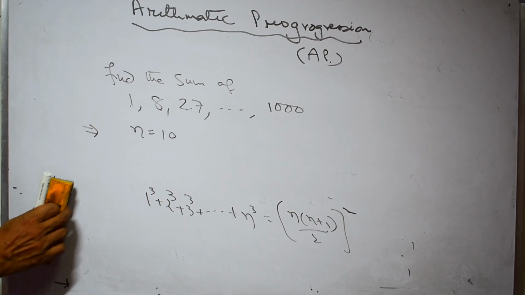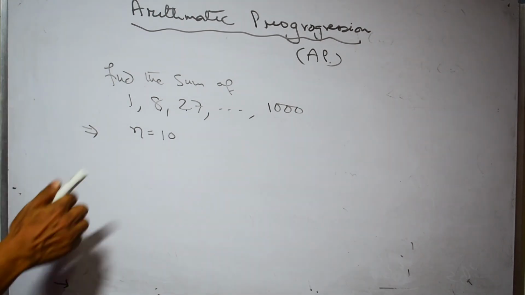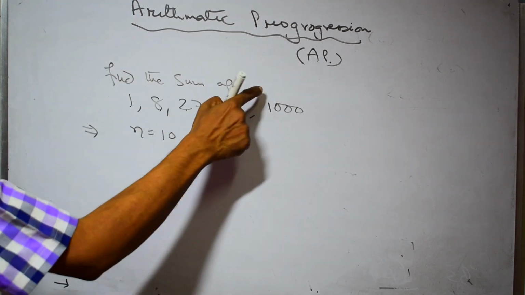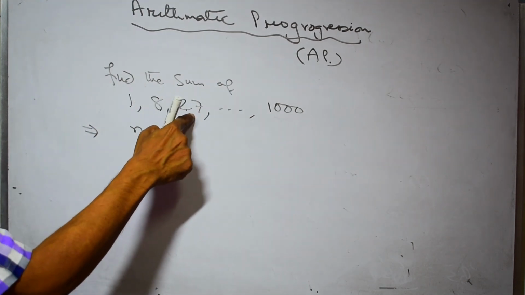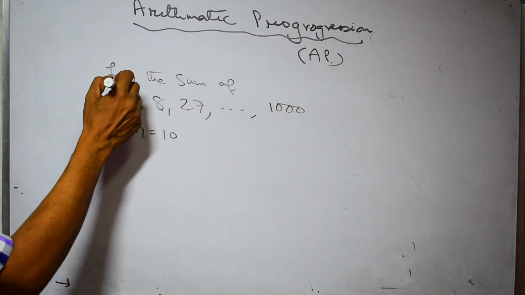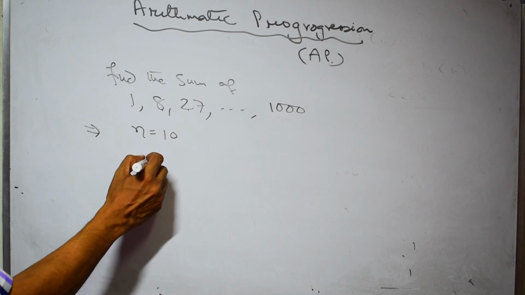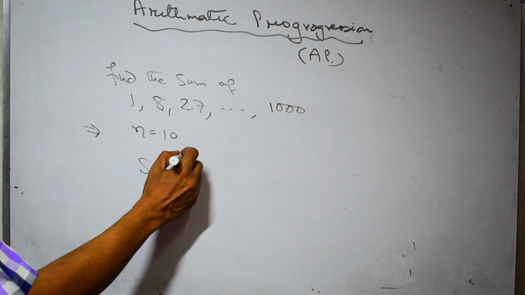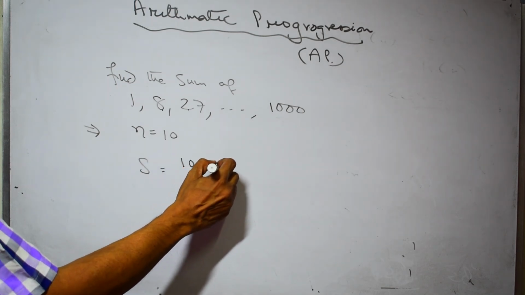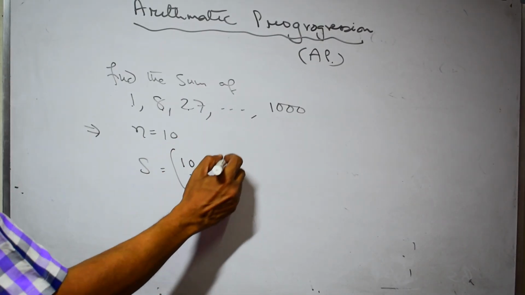Therefore in this case the total sum, meaning 1 plus 8 plus 27 plus so on, we are asking for the sum of all these natural number cubes added. So the sum will be 10 into 10 plus 1 by 2, then whole square.